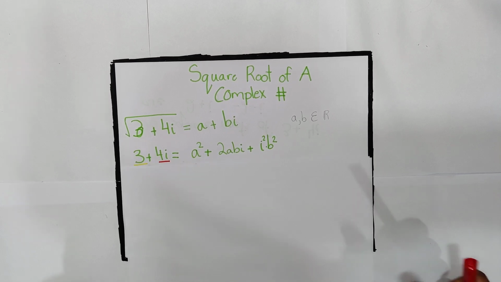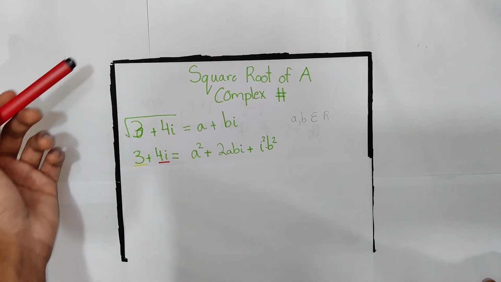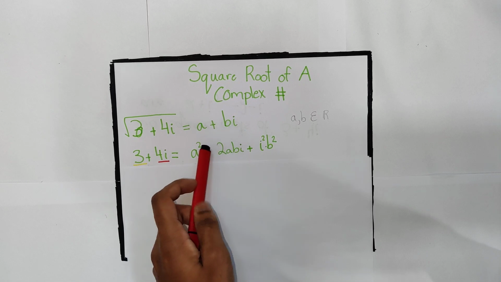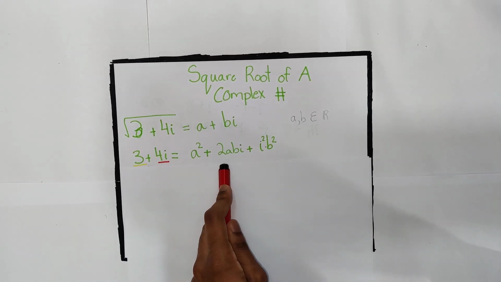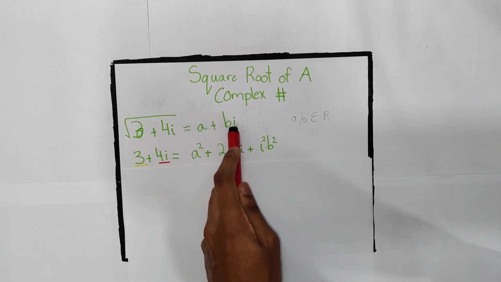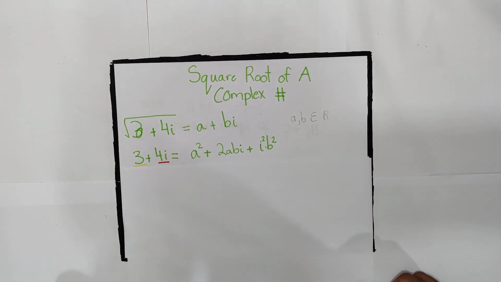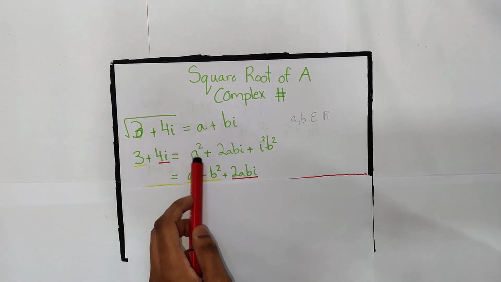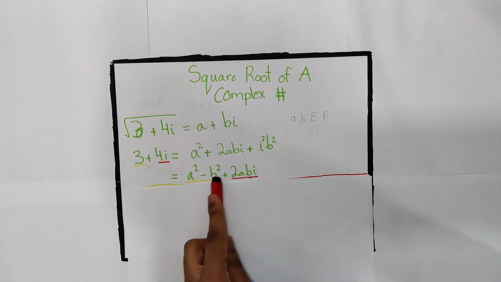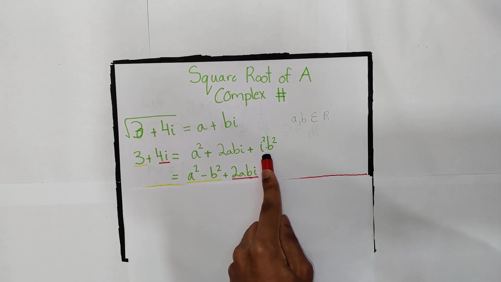If we square both sides, you get rid of this square root, and this becomes a squared plus 2 by a by bi plus this squared, which is i squared b squared. We can simplify this side to be a squared minus b squared, because remember i squared is minus 1.